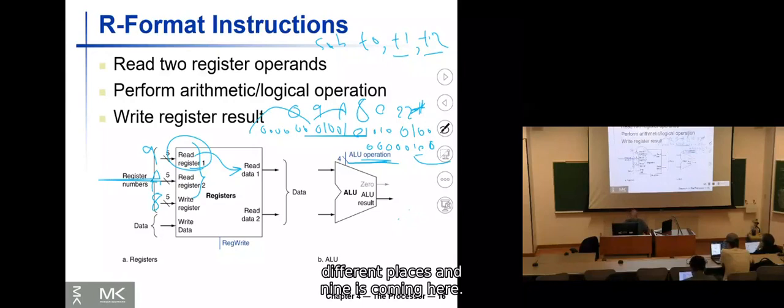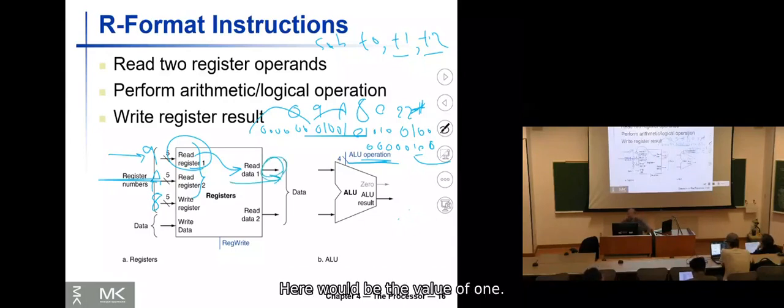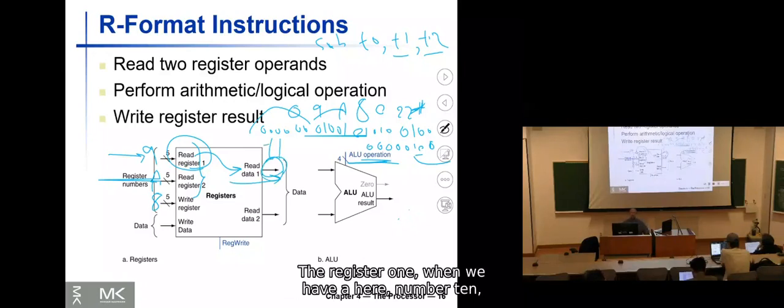When 9 is here, the register file prepares the value of register number 9 and puts it here. So here would be the value of T1. When we have A here, number 10, the register file prepares the content of the 10th register and puts it here. So T2 would come here.